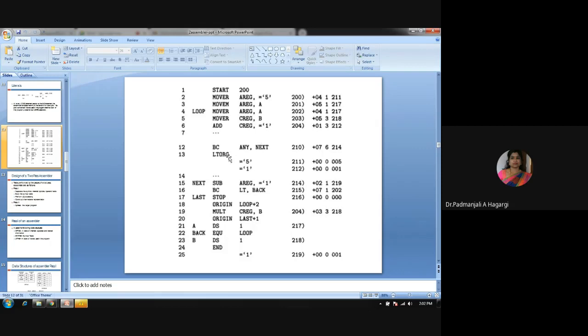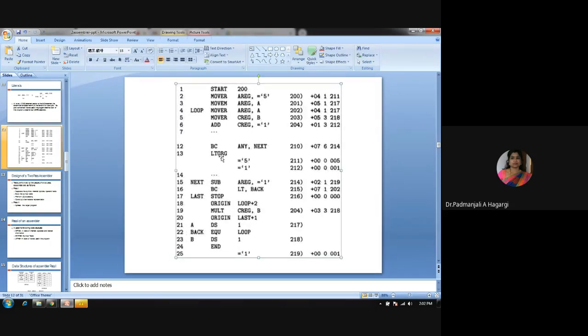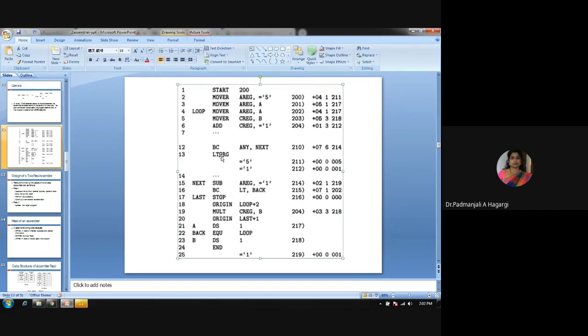Now the next instruction is found to be LTORG, and this LTORG is an instruction used by the programmer to declare whatever literals are found so far. Let us declare them. The literals found so far are declared at the address locations 211, which was the 5, and 212, which was the literal 1.